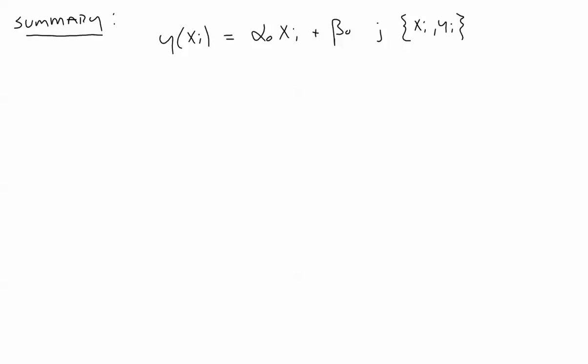Summary. This is what I'm looking for. I'm looking for y evaluated at x sub i, it's one of my data points, equals alpha naught x_i plus beta naught, where x_i, y_i is data, and alpha naught and beta naught minimize my collective squared error term epsilon.